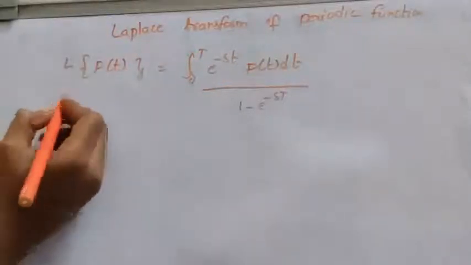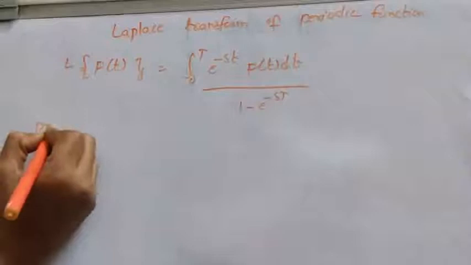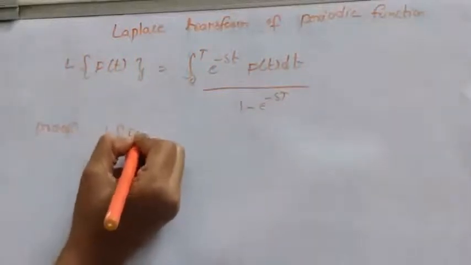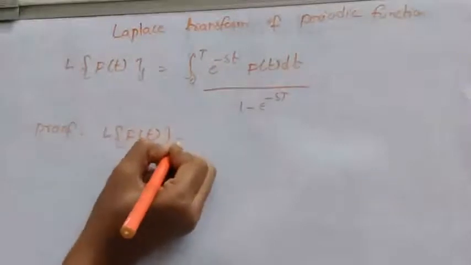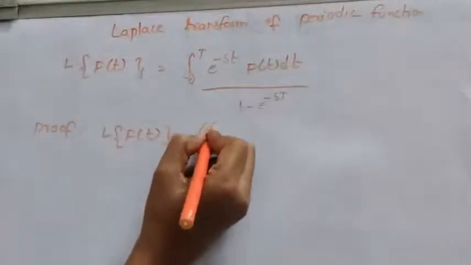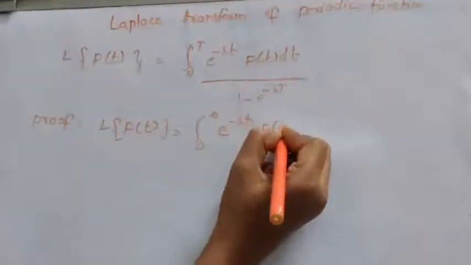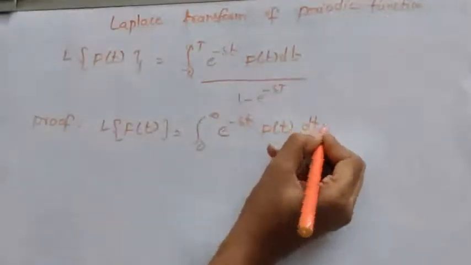So to prove this, first consider the LHS. Here LHS is nothing but L of f of t. How can you represent L of f of t? Integral 0 to infinity e power minus st f of t into dt. It is well known to us.